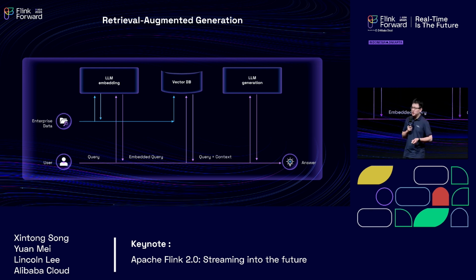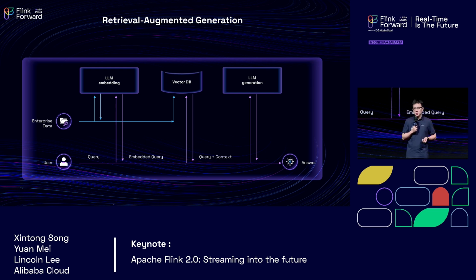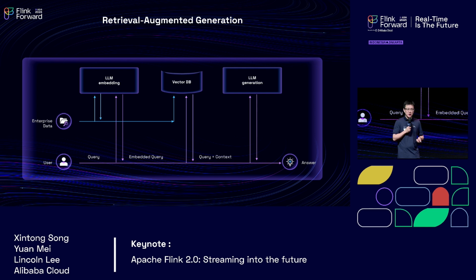In this architecture, there are 2 steps. The first step is to prepare the knowledge base, and we use a large language model to generate a vector for each piece of the data in the knowledge base. This is called the embedding. And the generated vectors are stored in a vector DB.